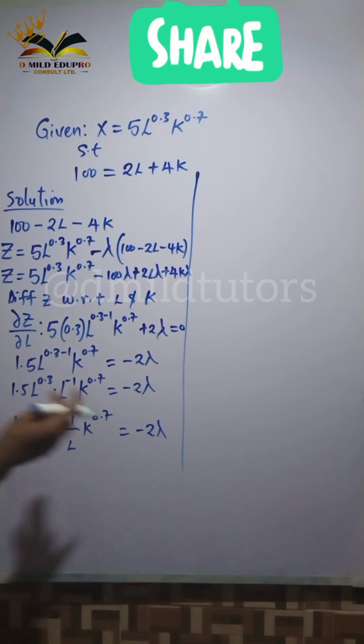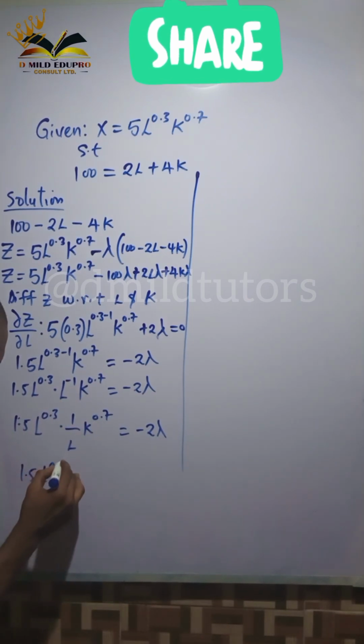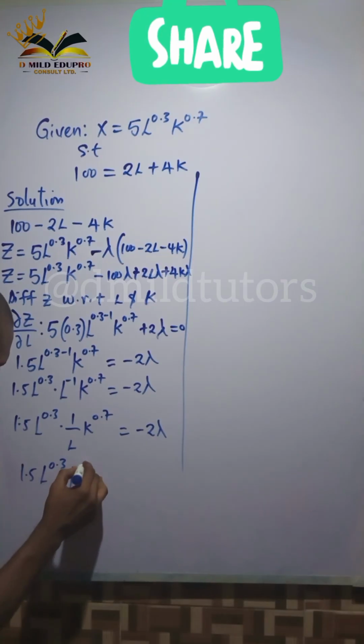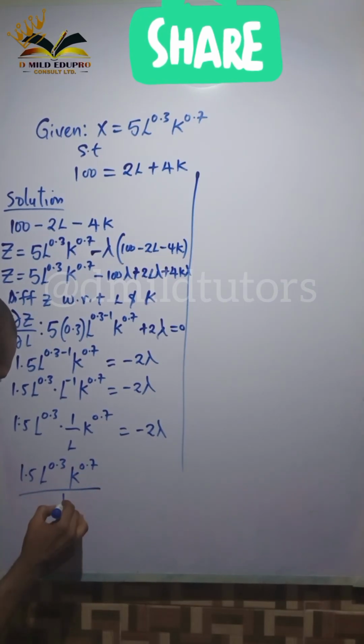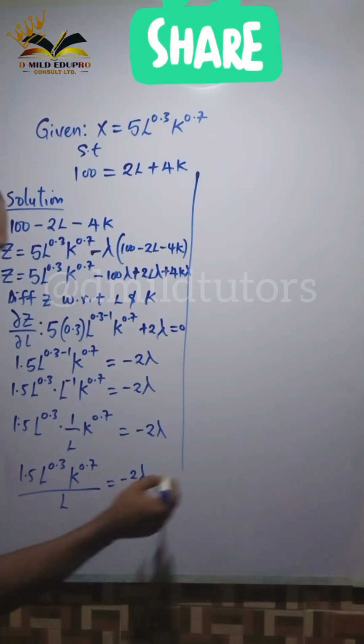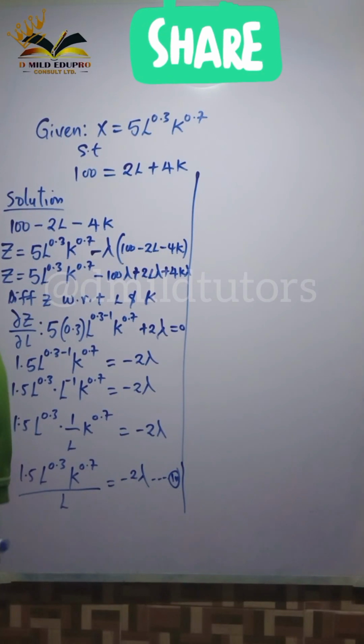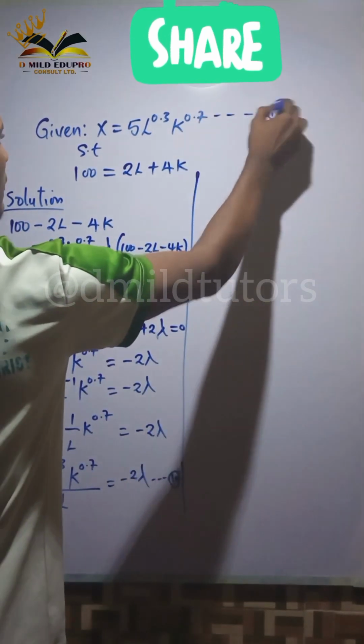All right. So this also can further be broken down as 1.5 L raised to the power 0.3, K raised to the power 0.7 divided by L equals minus 2 lambda. So you can refer to this as equation 3. 1, 2, 3. This is equation 1. This is equation 2.